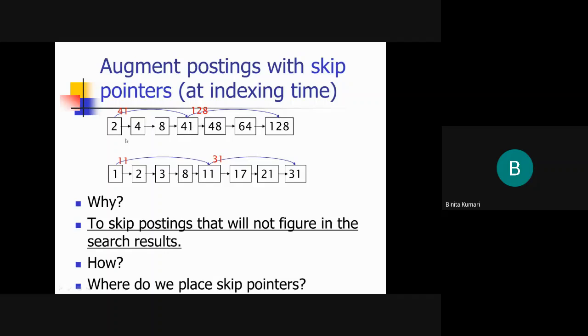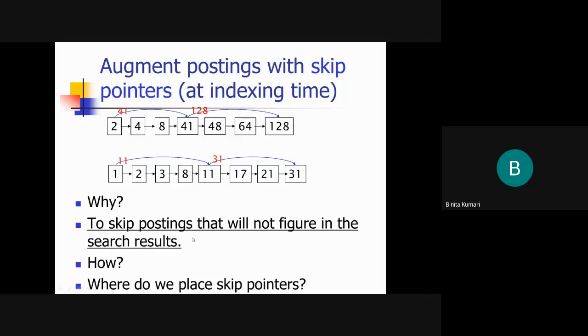After 2 we would compare 4, then 8, but after 2 we can take a jump to 8 instead of comparing each element. It is basically used to skip postings that will not figure in the search results. Instead of searching one by one, skip two or four and jump, because they are in a sorted manner.